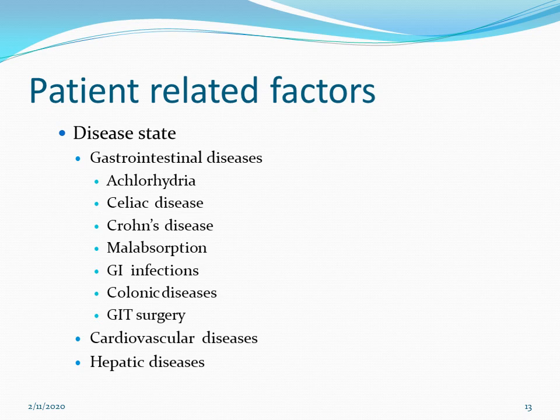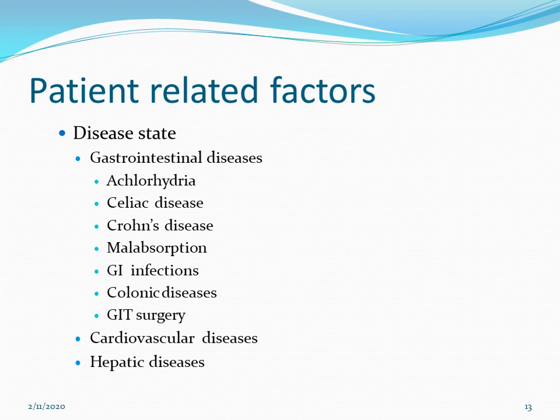In the case of celiac disease and Crohn's disease, as well as in malabsorption, there is a destruction of the villi and microvilli, and thereby reduced absorption of the drug. In the case of gastrointestinal infections, for example diarrhea, the absorption of drug is going to be altered. Certain colonic diseases and gastrointestinal surgery also alter the absorption of drug. So this is about the gastrointestinal diseases.